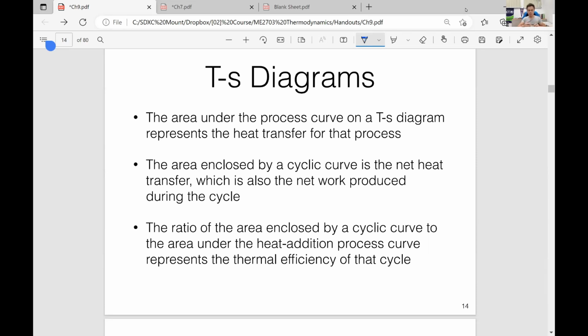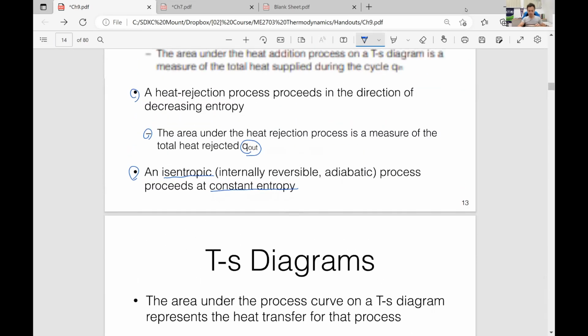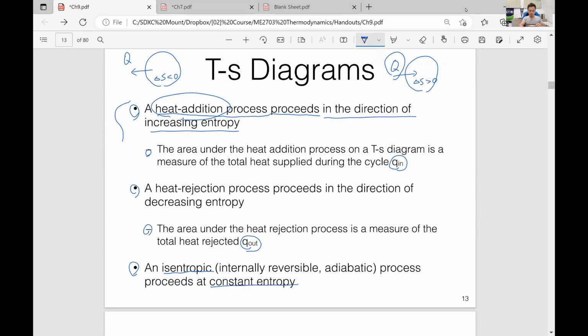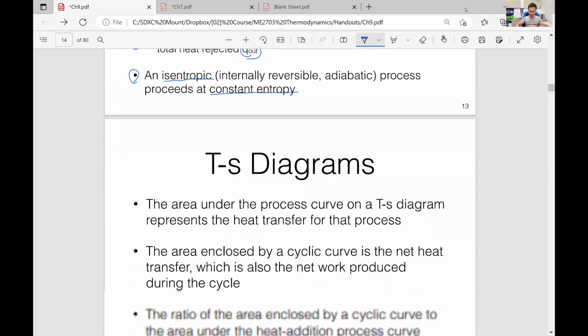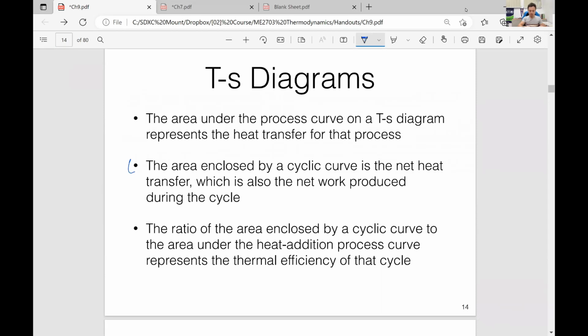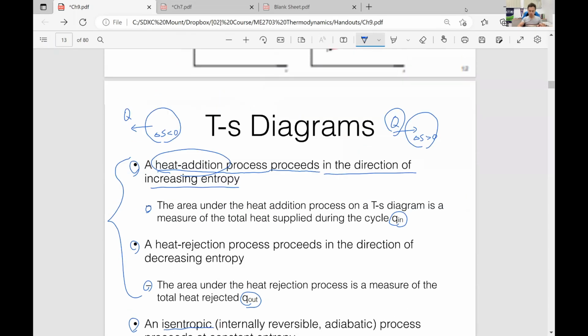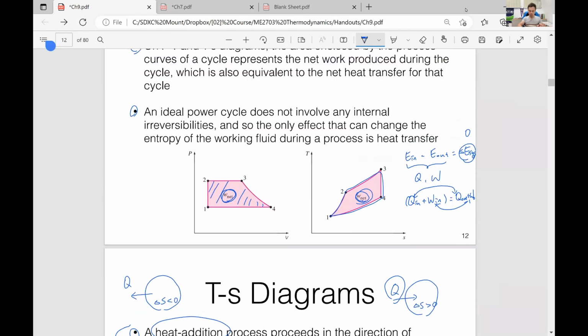So this is pretty much the statement in this slide, right? Then the area enclosed by a cyclic curve is the net heat transfer, which is also the net work produced during the cycle. So the net heat is also the net work.